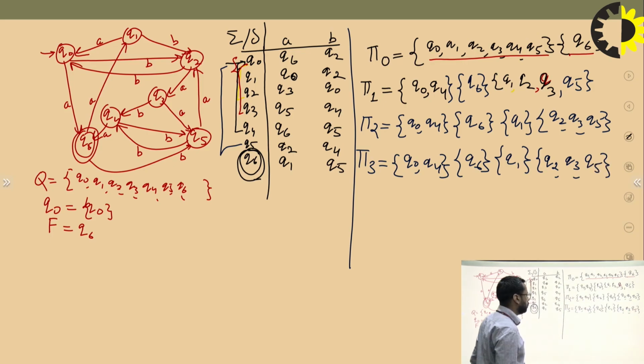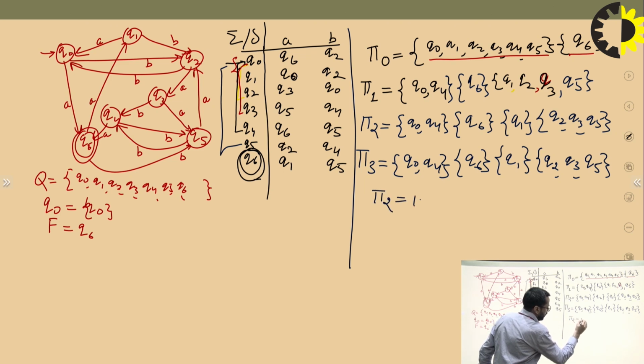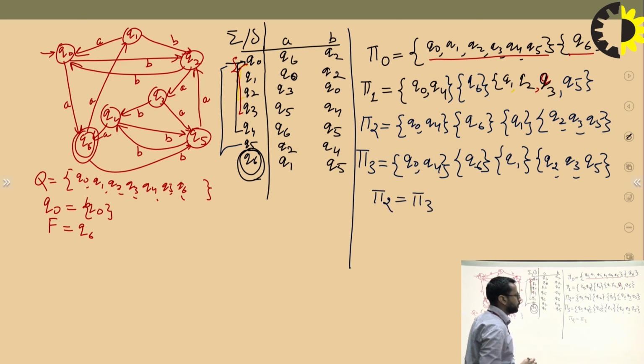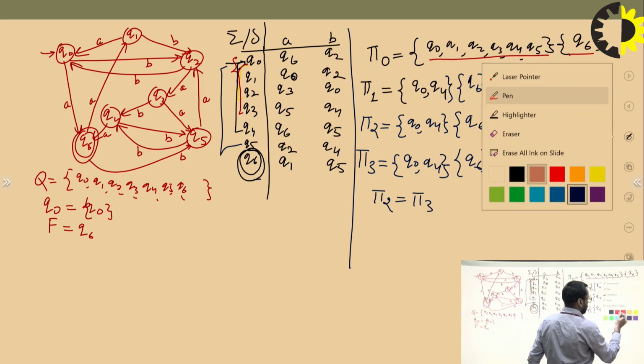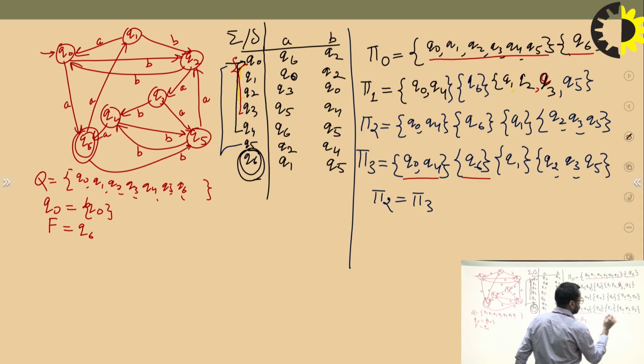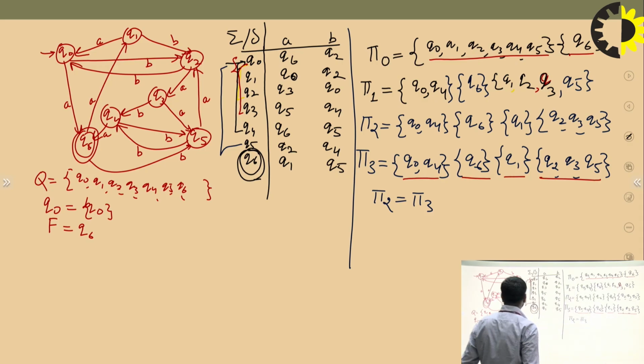So what we do is check that pi 2 contains the same values as pi 3. We find that there are only 4 states available, this one, this one, this one and this one. In the beginning there are 7 states, Q0 to Q6, but we reduce them into 4 states mentioned here.